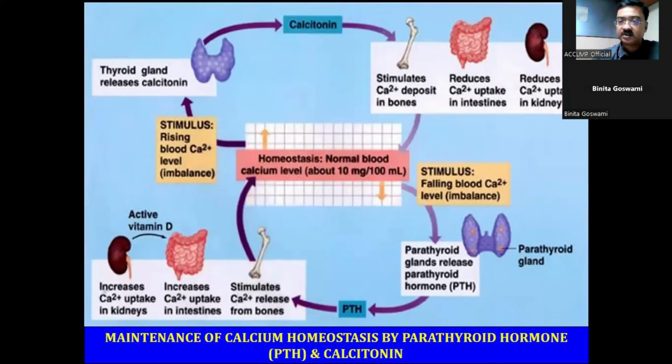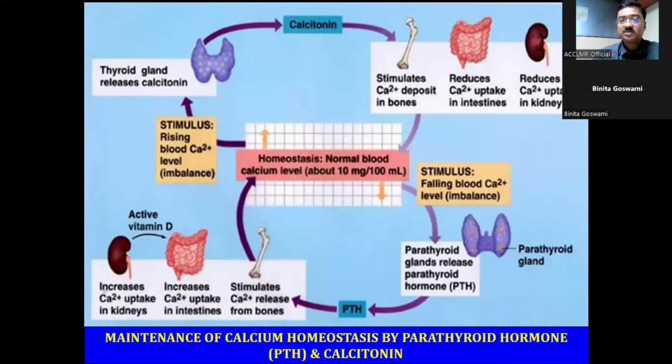Calcitonin is just the opposite. By hook or by crook, it will reduce serum calcium, either by decreasing absorption, or by increasing excretion of calcium through the kidney, or by putting more and more calcium in the bone. So they are always opposite to each other: thyrocalcitonin, which comes from a part of the thyroid gland, and parathyroid hormone.